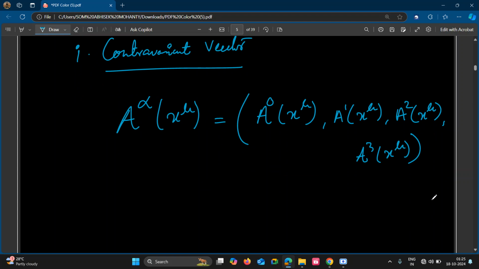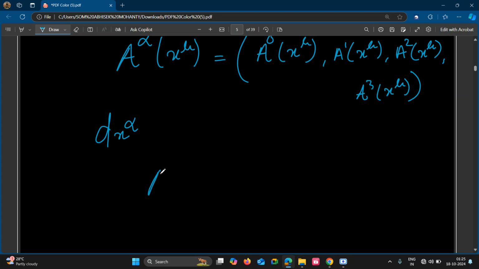The transformation of this A alpha transforms like the coordinate differentials dx alpha under a given coordinate transformation. So A dash mu will be equal to del x dash mu by del x alpha, times A alpha.